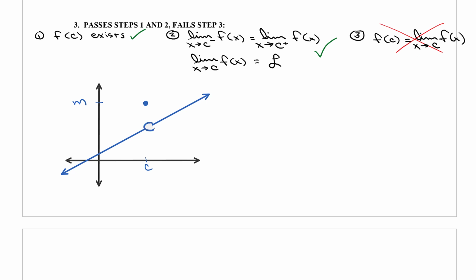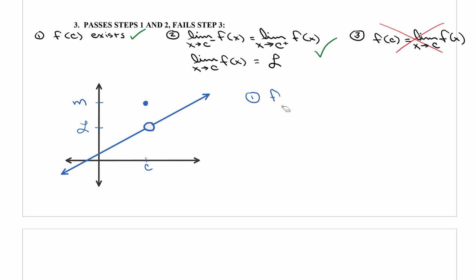The line has a positive slope, and it's got a positive y coordinate for our y-intercept. I have drawn a hole or an open circle on this line right below my point that I drew at c comma m, and the y value for that hole or open circle is going to be at L.